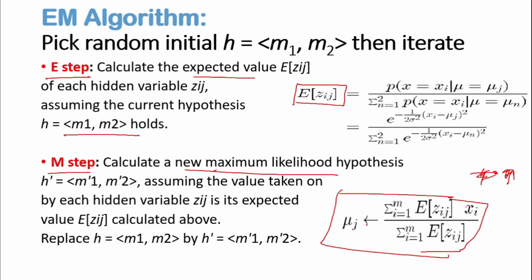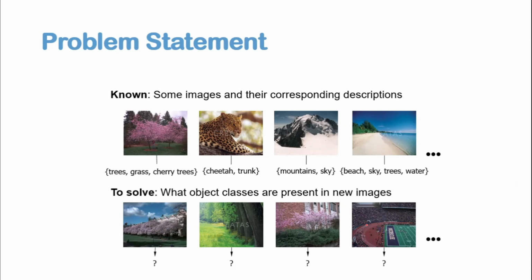To understand this, we will look into an example. For example, a problem statement with some images and their corresponding descriptions. This is an image, and here we can find trees, grasses, and cherry trees.